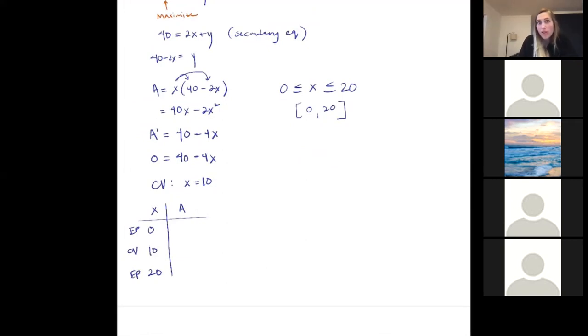And then we're just looking at what gives us the largest area. Well, we know that the area is 0 when x is 0 or 20. And then when we plug in 10, what is that? 200. So 200 would end up being the absolute max.